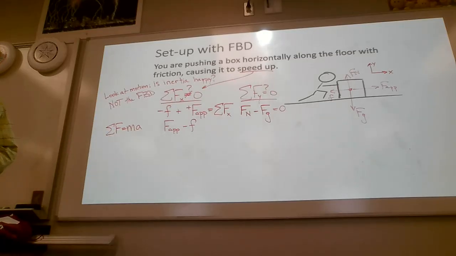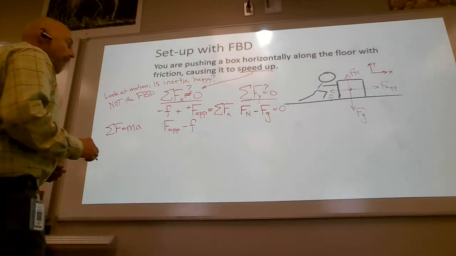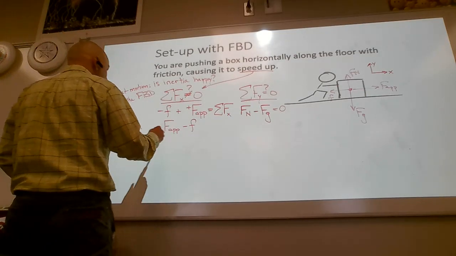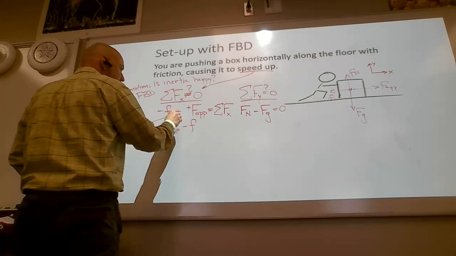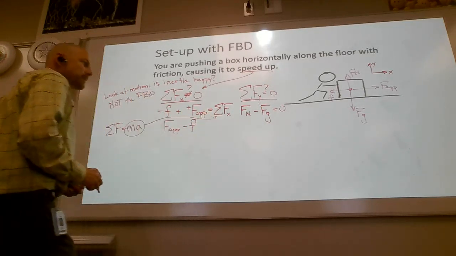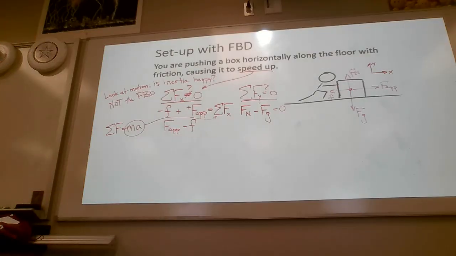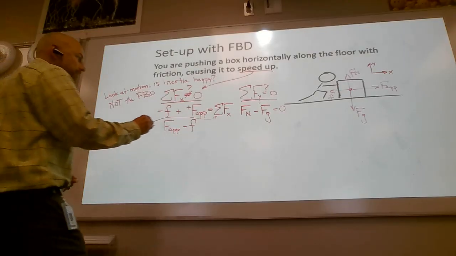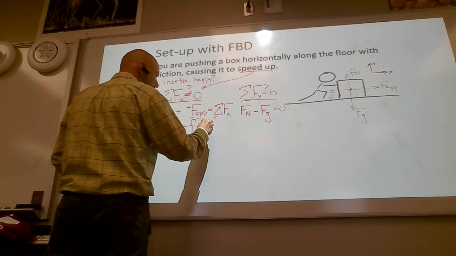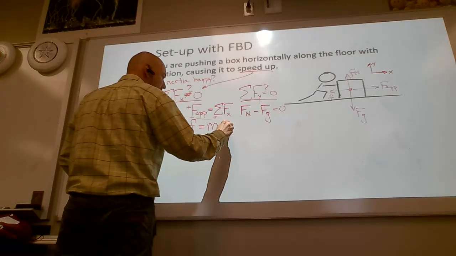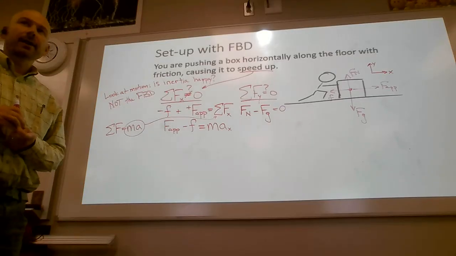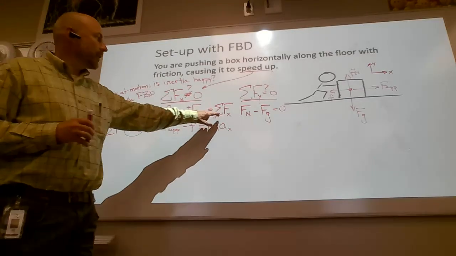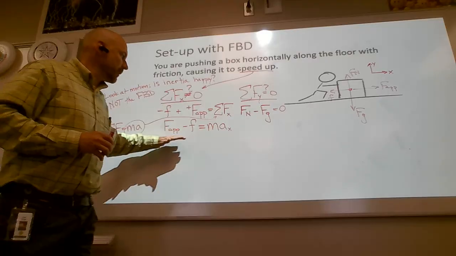You all right with that? So what I'm going to do is I'm going to take mass times acceleration, substitute it in for net force. And that's going to be equal to mass times acceleration in the x direction. So when you're setting this up, if it's not equal to 0, you're just going to write this straight away.